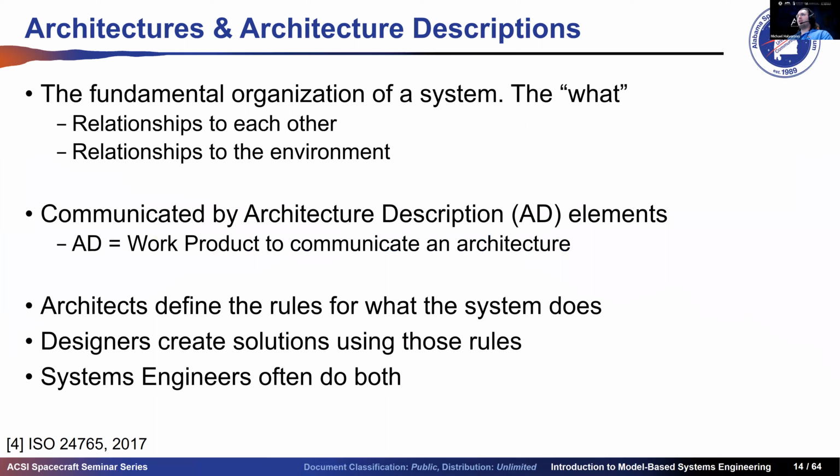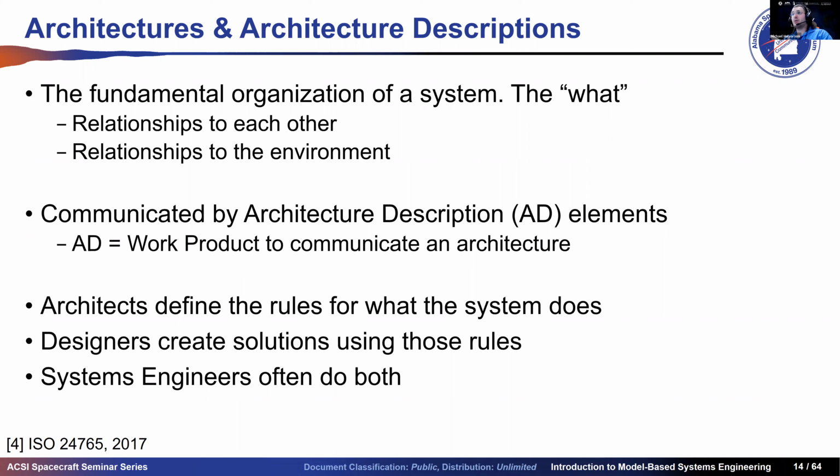All right. So this is the architecture framework, and we're going to describe things pretty broadly in the parlance of ISO 24765 at first, which is vocabulary for software and systems engineers. But at its core, an architecture framework defines all of the products that can be made to describe a system. So you see these architecture description elements, AD.